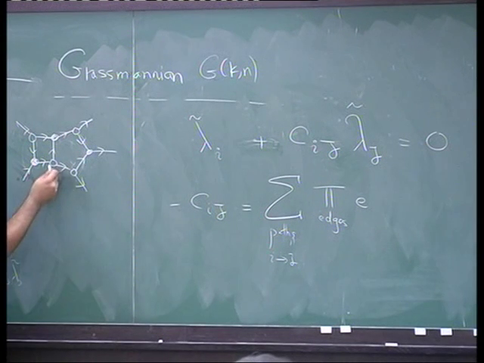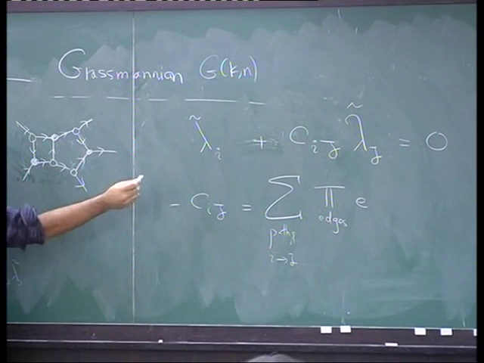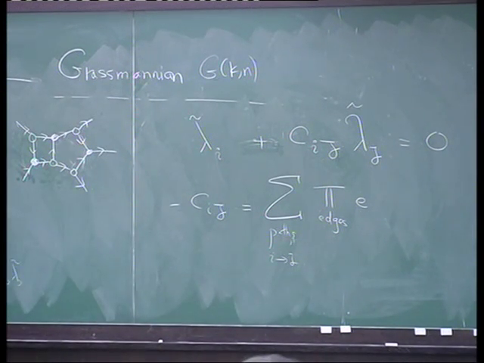Now, in this description, the edge variables are still charged under the GL1s of the intermediate lambda tildes. These guys are still charged under the GL1s of the vertices that they touch. So this still has some redundancy.